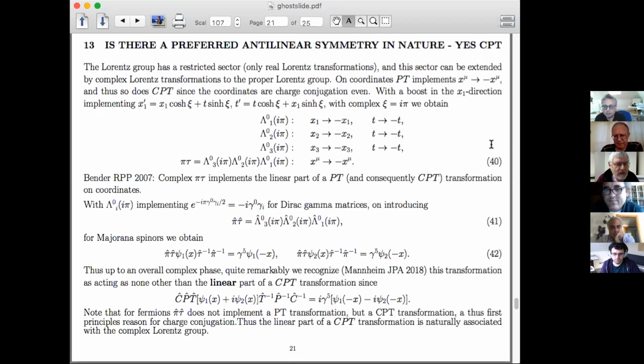And that's just the same as any other symmetry. All symmetries can in principle be spontaneously broken. Spontaneously breaking an antilinear symmetry is not simply a generalization of spontaneously breaking a linear symmetry. But I'm not sure what you mean by making that distinction.